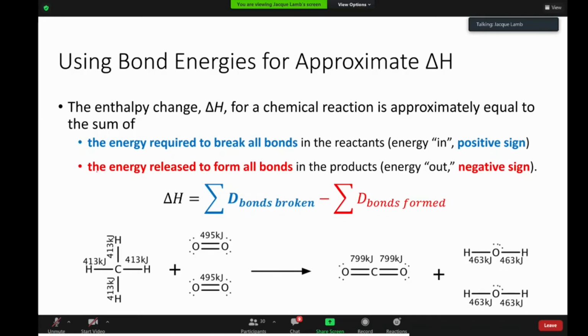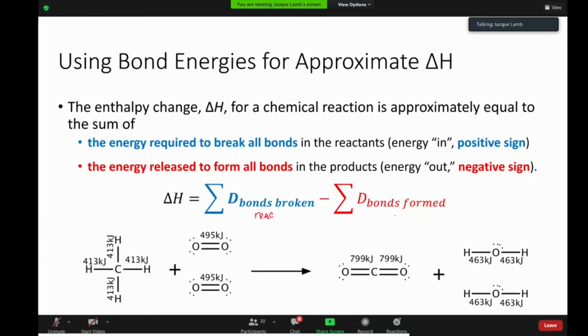That means that unlike what we just did with delta H of formation, in order to calculate delta H here, it is the summation of the bond energies for the bonds broken minus the sum of the bond energies of the bonds formed. Bonds broken means reactants, and bonds formed means products.